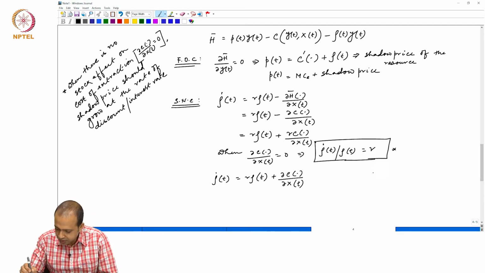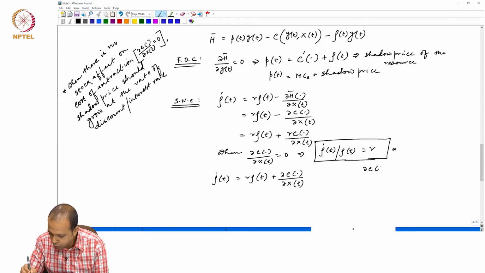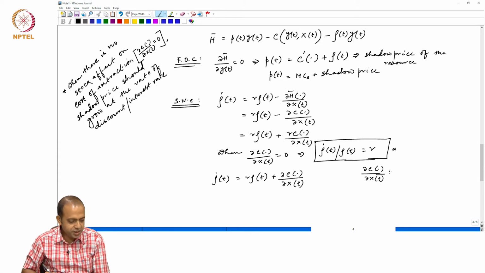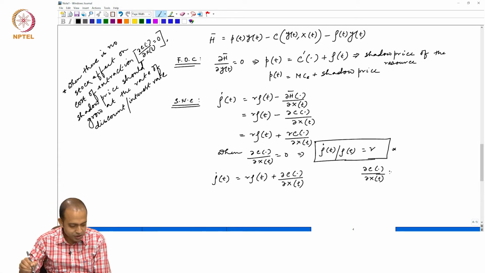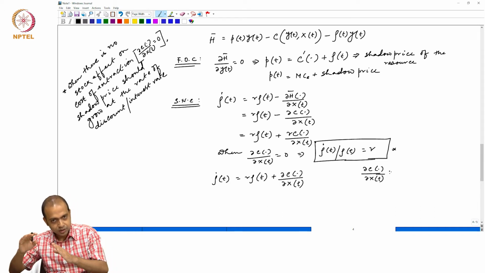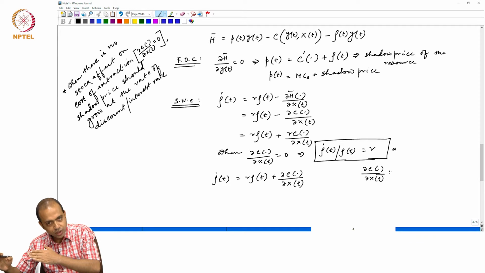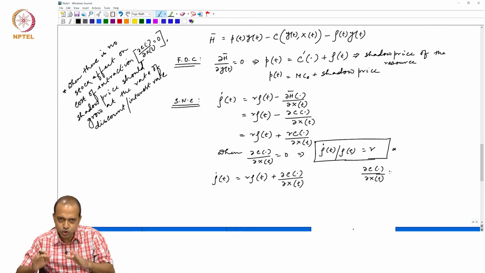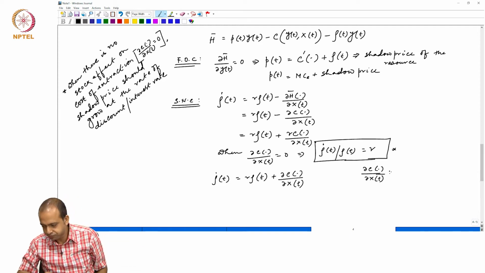So, here this del C del x t, what we can think of, this is stock effect on cost of extraction. That means, indirectly we can say this is basically marginal benefit of not extracting the resource today. If I do not extract the resource today, then only the stock will be more in the next period and cost of extraction would be less. Very simple. More stock means less cost of extraction.